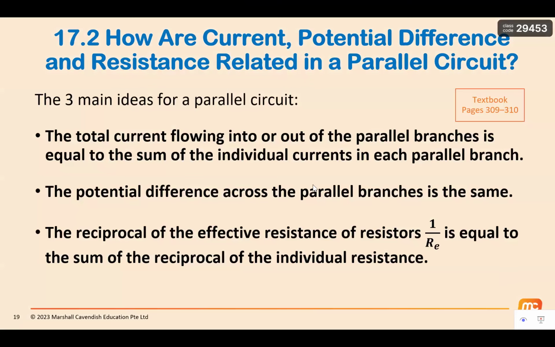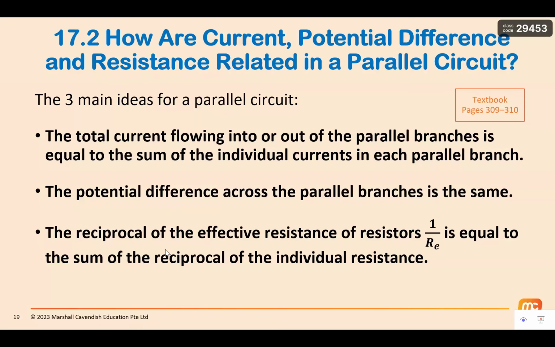The first one is exactly the opposite of series. In a series circuit, the current is the same at every point, but in a parallel circuit, the current will be split into the individual branches. So the current will be shared across all the branches. Next, for series circuits, the potential difference will be shared. But in parallel circuits, the potential difference across each branch will all be the same.